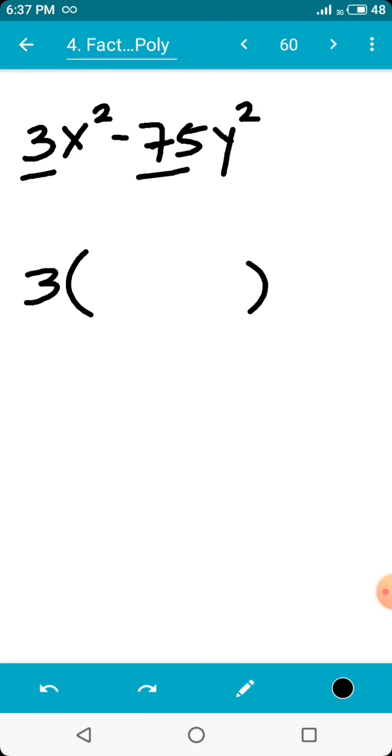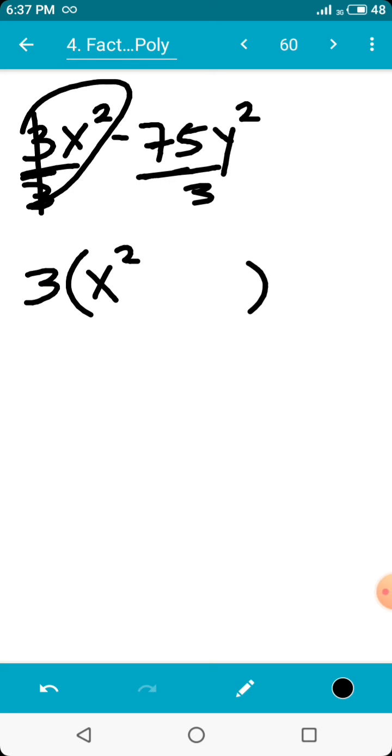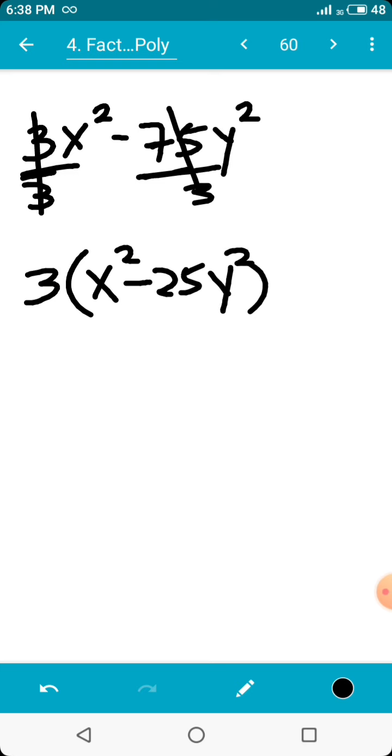So, gagawin lang din natin yung ginawa natin sa common monomial factor. So, divide natin yung bawat term sa 3. So, ito yung i-multiply natin sa 3 para maging 3x squared. Okay? And dito naman, 75 divided by 3, that is 25. Okay? And then, natira is y squared. Okay? So, in this case, meron na tayong x squared minus 25y squared.